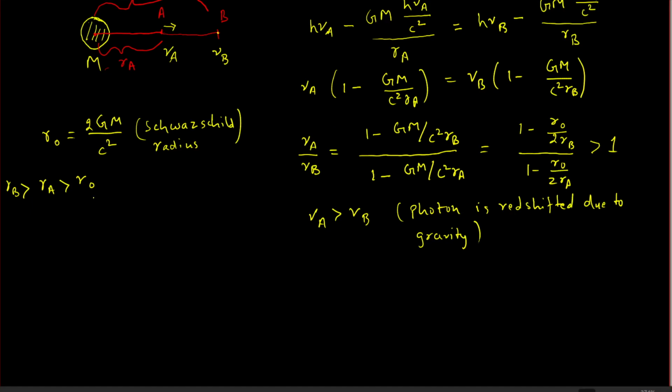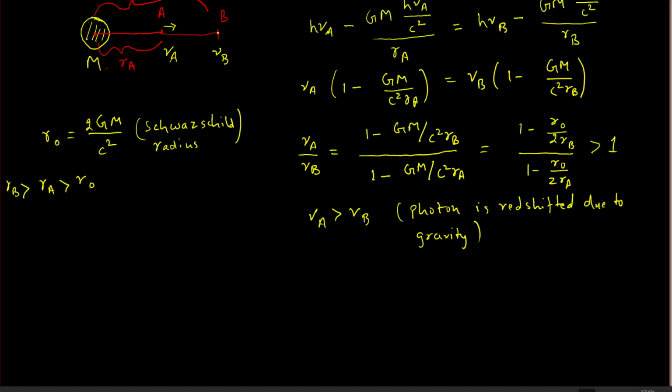In the limit when RA and RB are very large compared to the Schwarzschild radius 2GM by c square, which we have denoted as R naught in these formulas, this equation is approximately correct. It's a very good approximation in the limit when RA and RB are very large compared to R naught.